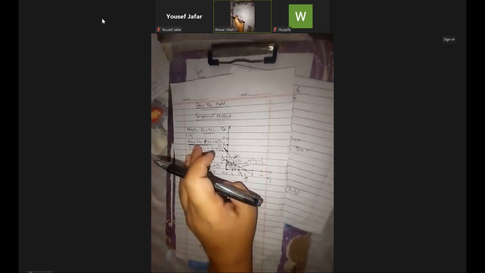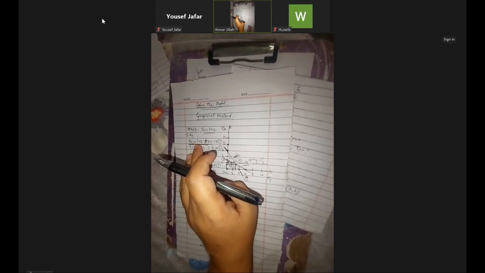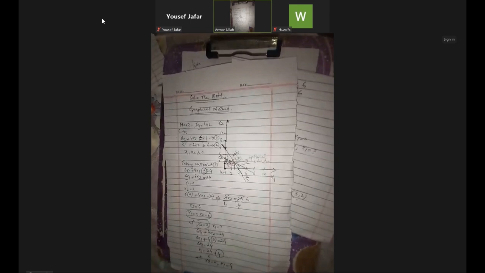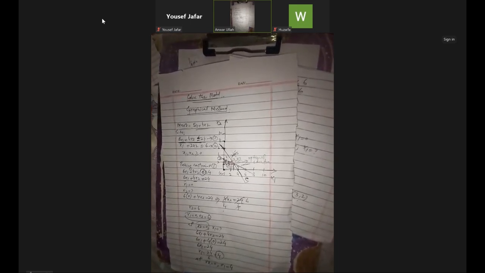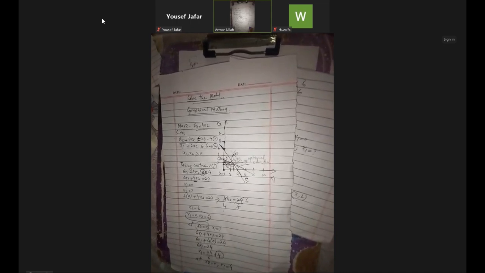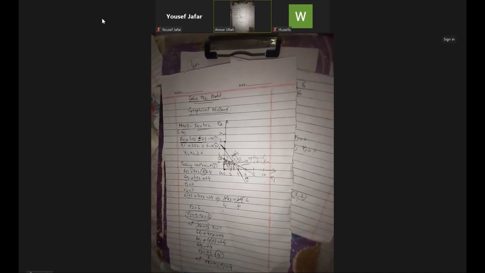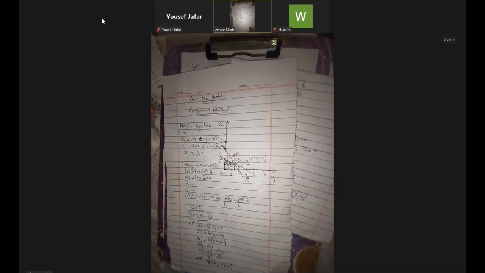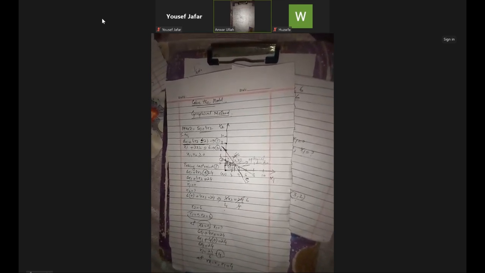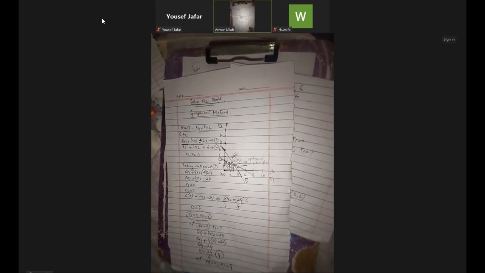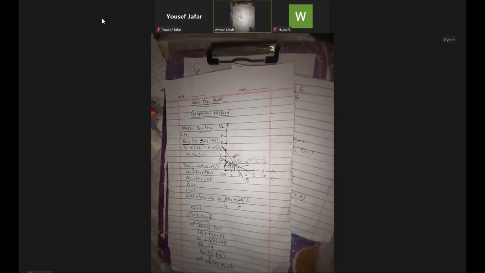For example, if I take x2 is equal to 4, it is an infeasible solution, because our feasible solution is not beyond 3, since beyond 3 it will contradict the second constraint. So it should obey all the constraints, not just one. If it is not obeying any one constraint, then it is an infeasible solution.